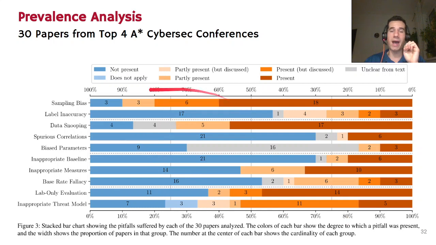The sampling bias, as I was talking about at the beginning, and data snooping are also very common, and lab-only evaluation and threat models are considered only partially. So this is the state of the art prevalence of the pitfalls discussed here.